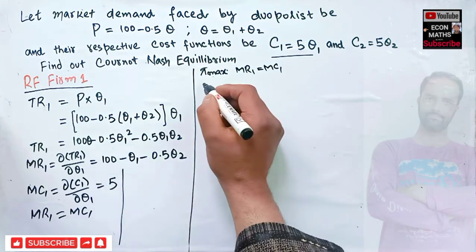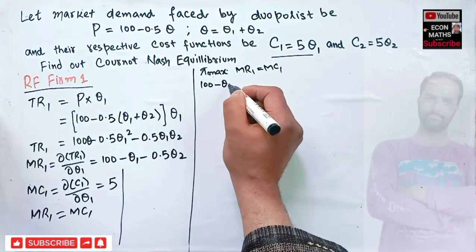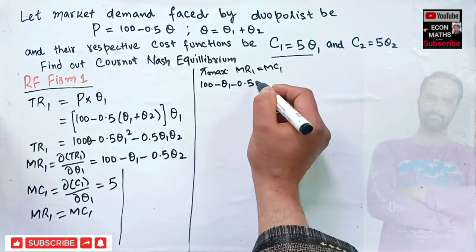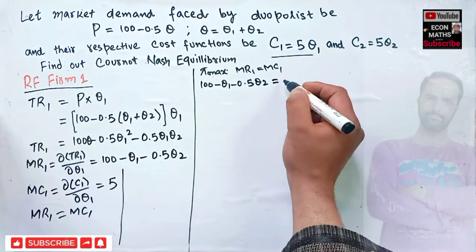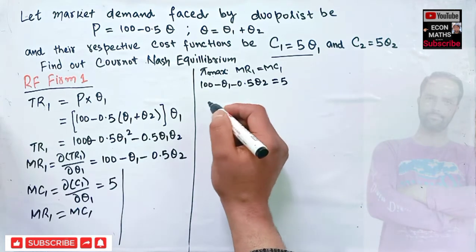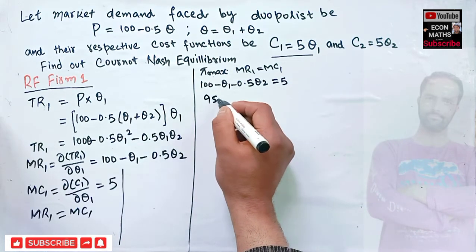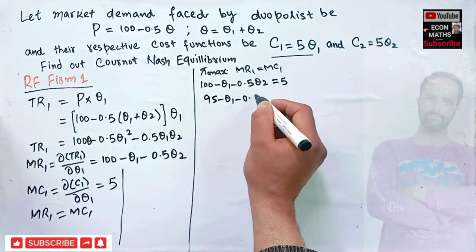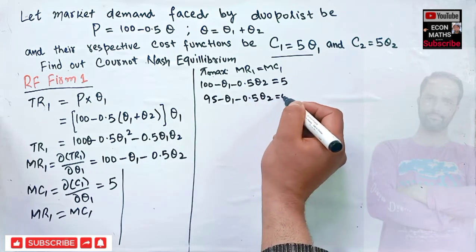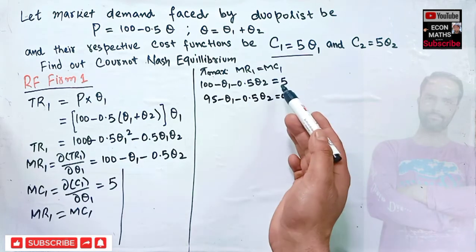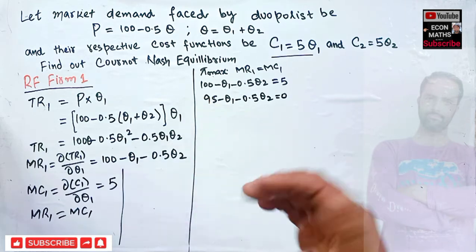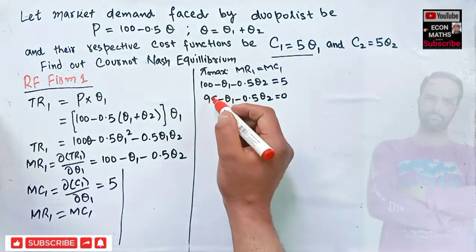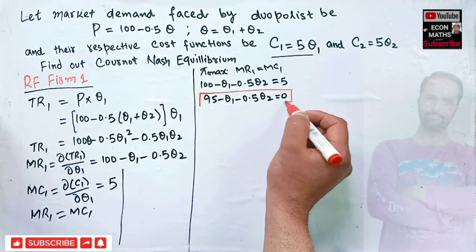So this is our marginal revenue, that is 100 - Q1 - 0.5Q2, and we equate it with the marginal cost. So solving again, this comes to 95 - Q1 - 0.5Q2 = 0. Simply I have transposed this 5 to the LHS, it became negative, and it was subtracted from 100 here. So this is the reaction function for firm 1.